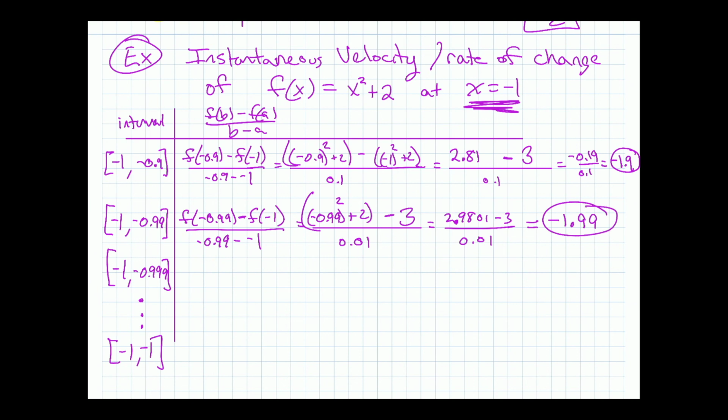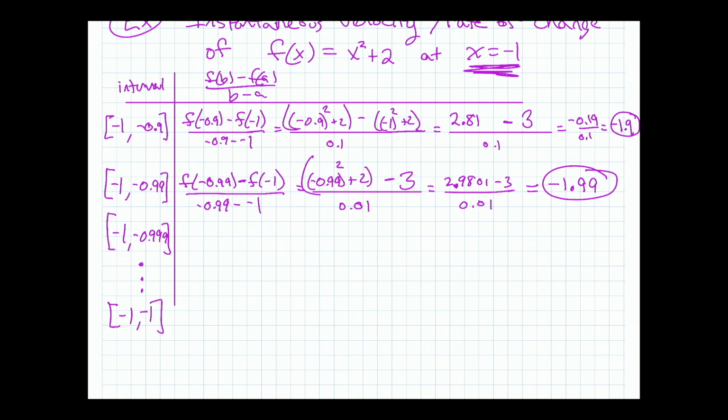All right, so you want to hazard a guess at what's going to happen down here? We can do the third one. What do you think it would be if we did the third one? We got -1.9. We got negative 1.99. What are we going to get here? Maybe 1.999?